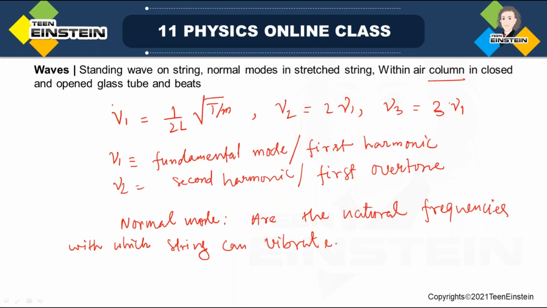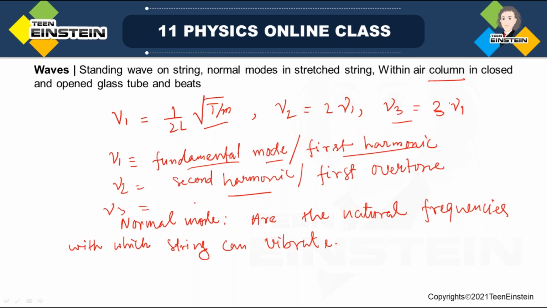So these are natural frequencies, nu 1, nu 2, nu 3, like that. They have been given special names. The lowest frequency is given the name fundamental mode, or first harmonic. Nu 2 is twice nu 1, so that's why it is called the second harmonic, and nu 3 is called the third harmonic.